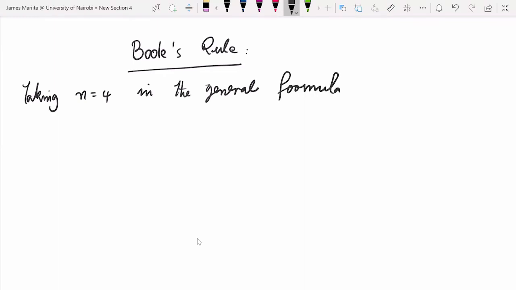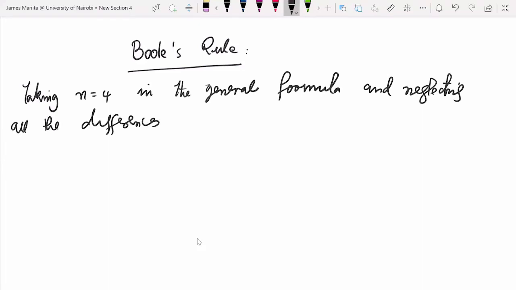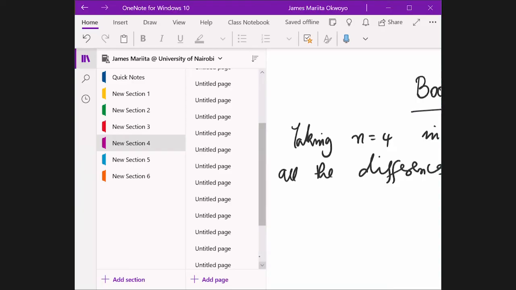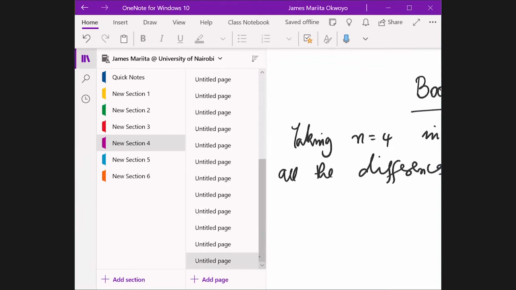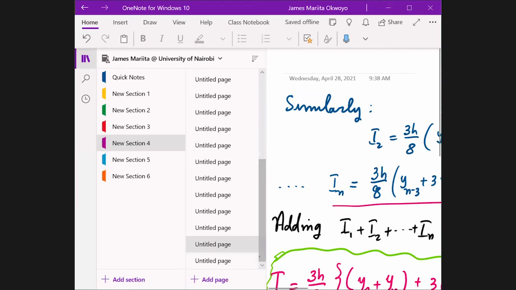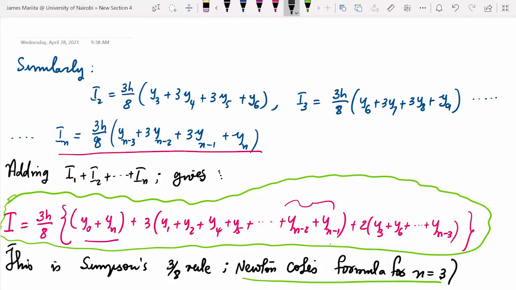Yes? Sir, could you please go back to the previous page? Could you share for a second? This is where we are. Yes, there we are. Just scroll down a little.